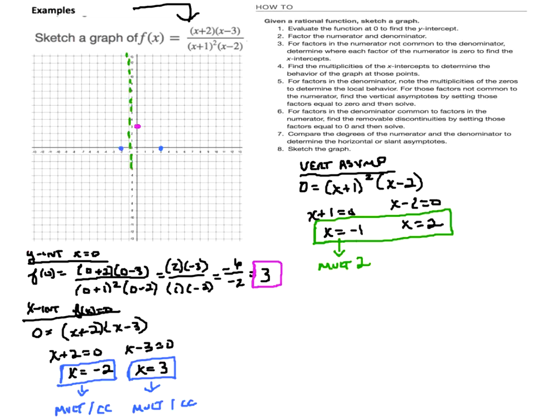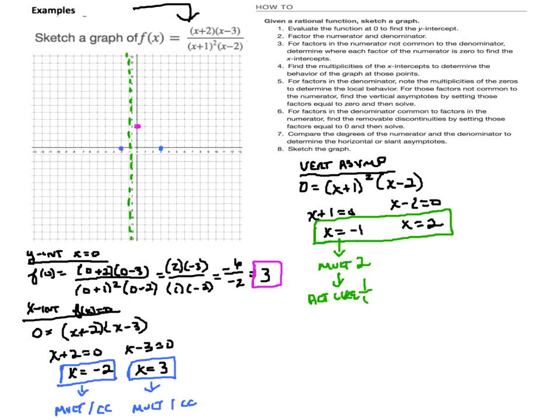So I have a vertical asymptote at negative 1, and the multiplicity of that asymptote is 2.